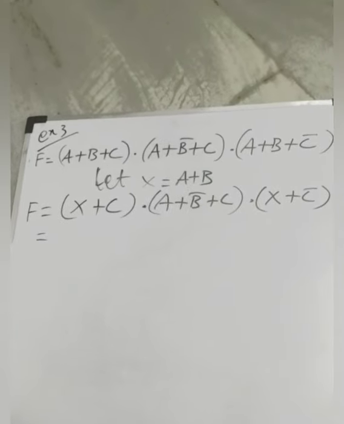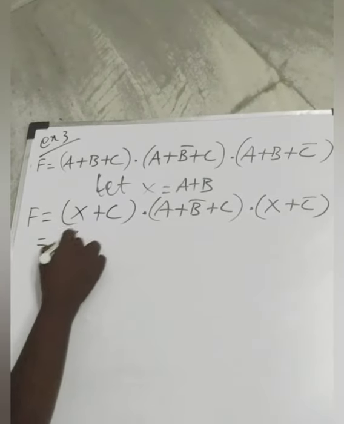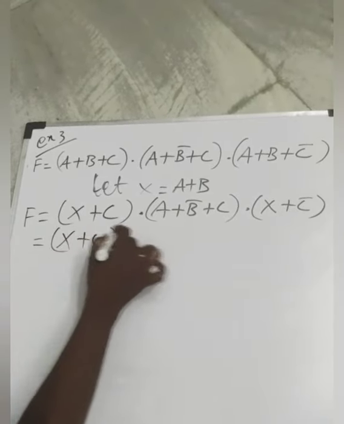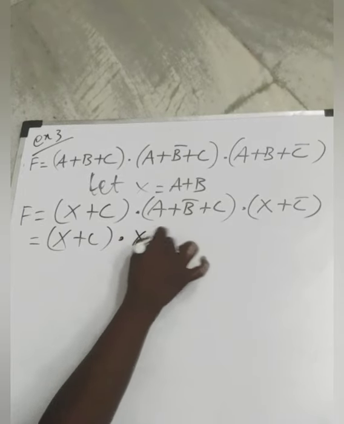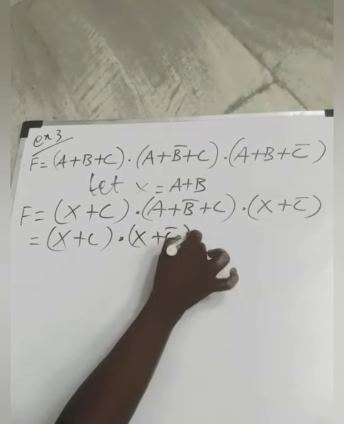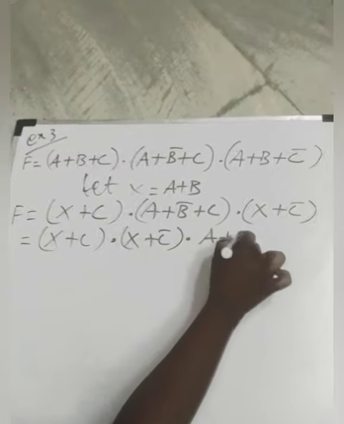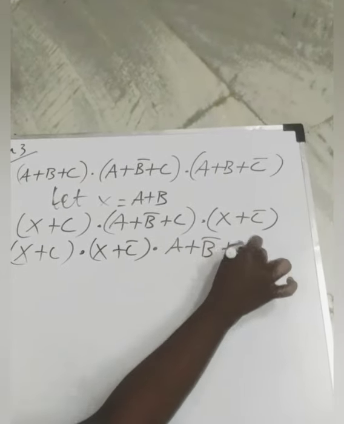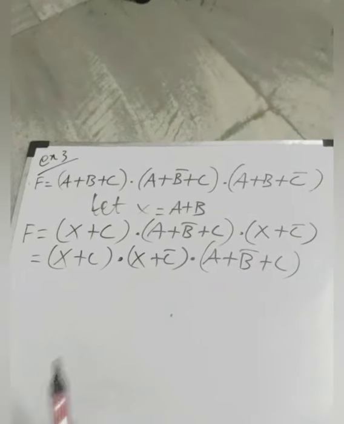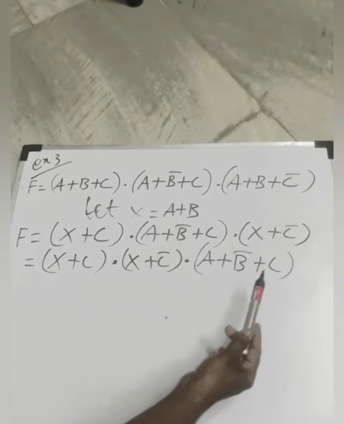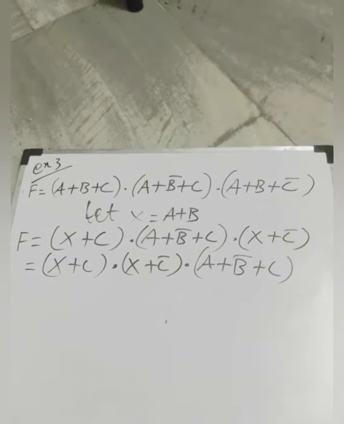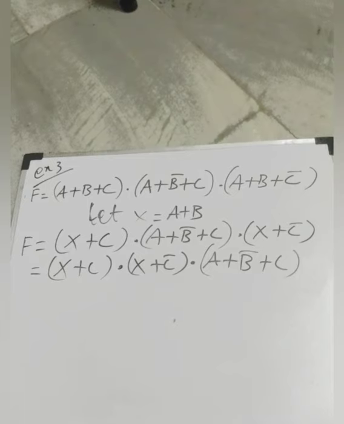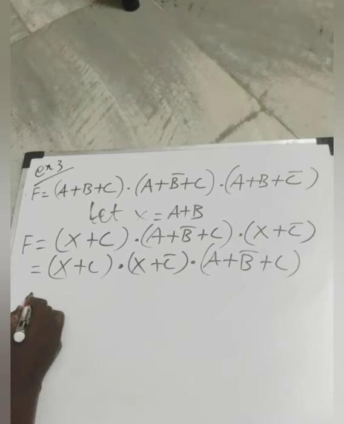Okay, so we can write this expression as (x + c)(x + c̄)(a + b̄ + c). See, we can place this (x + c̄) over here as per the commutative law. You just refer to that.